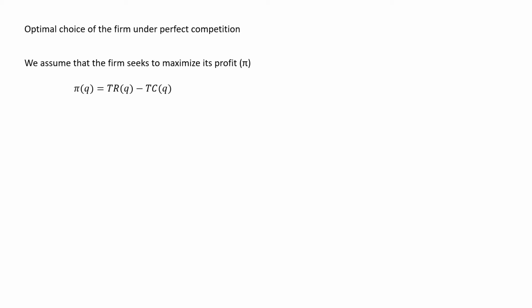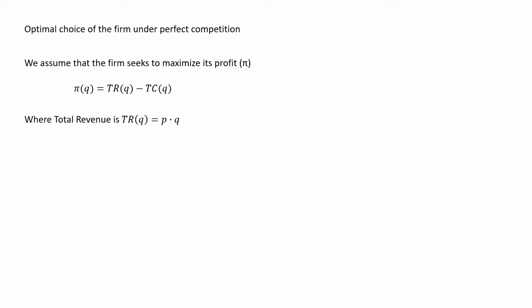Profit will, hence, depend on the output Q, and that's the reason why I use this particular notation. So, pi followed by Q in parentheses only means that profit depends on the output. And profit is simply total revenue minus total cost.